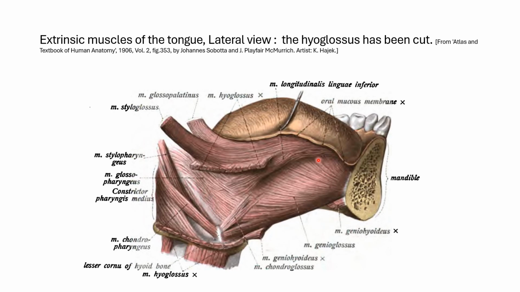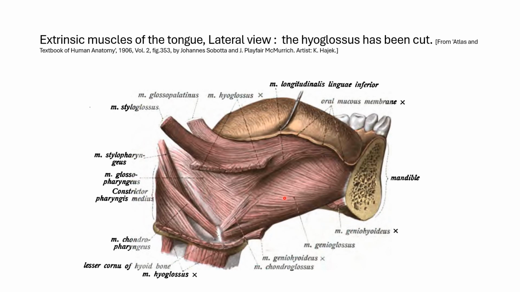So in this picture you can see this part. Here the hyoglossus is cut to see the underneath structures. So this is the hyoglossus. This one is the styloglossus, and you see this part.